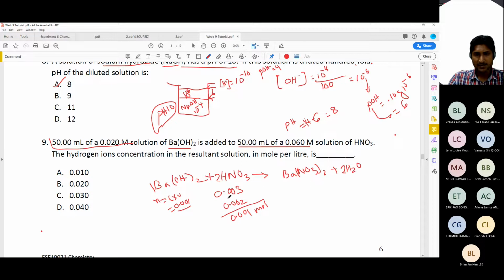And for nitric acid, the same way, n equals C into V. The volume is 50 milliliter, meaning 0.05 liter. We have to convert it to liter, of course. We cannot just use the milliliter, times 0.06 molar. So from there we find it becomes 0.003 moles of nitric acid. Now let's delete it first.